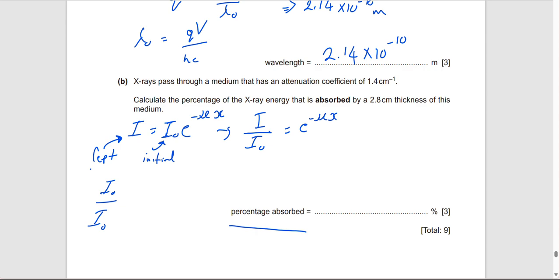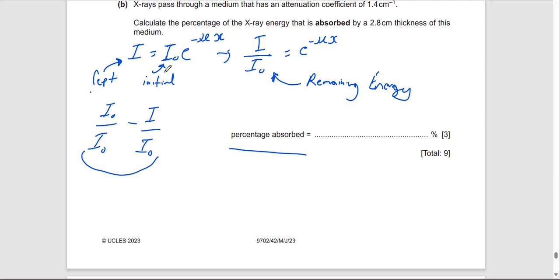Then we subtract from that what we were left with. This is the remaining energy. We subtract that using this, and that will tell us how much was absorbed.